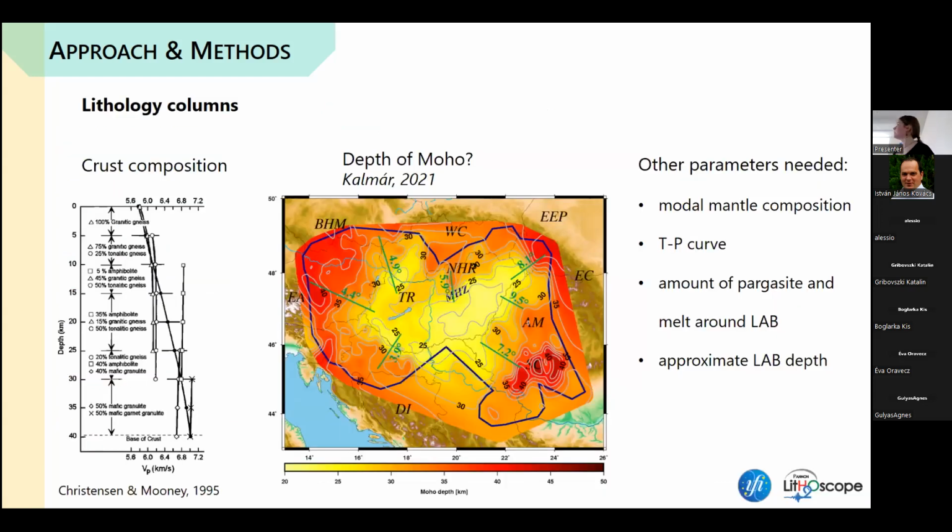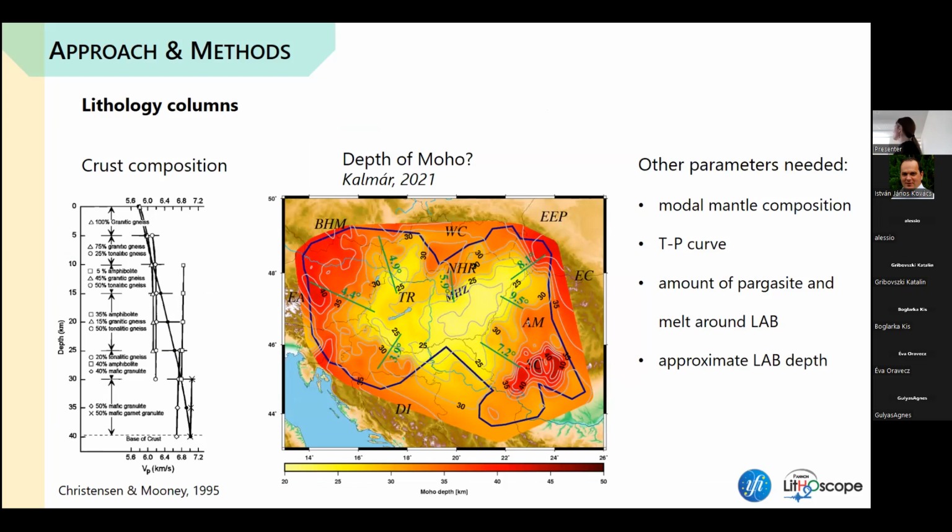Going on with the methods, we did the lithology column building by first making up a crust composition, because the crust makes up a relatively small part of this lithology column, but in fact it has a quite complex composition.